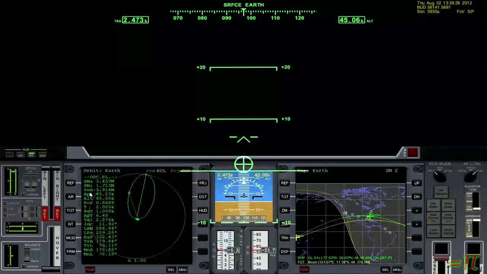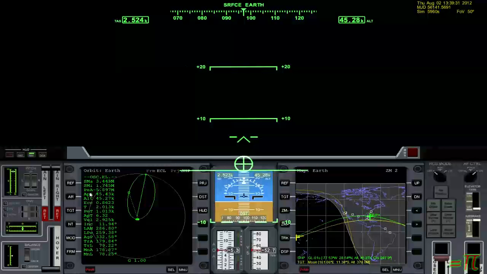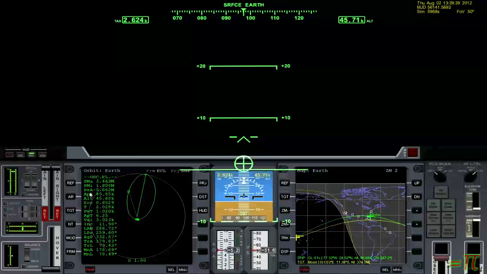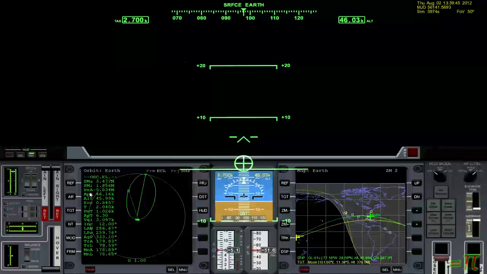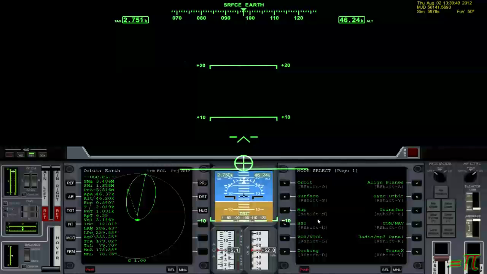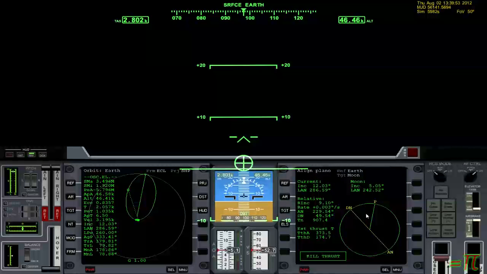Okay, 45-kilometer altitude, 2.5 kilometers per second. Adjust this.